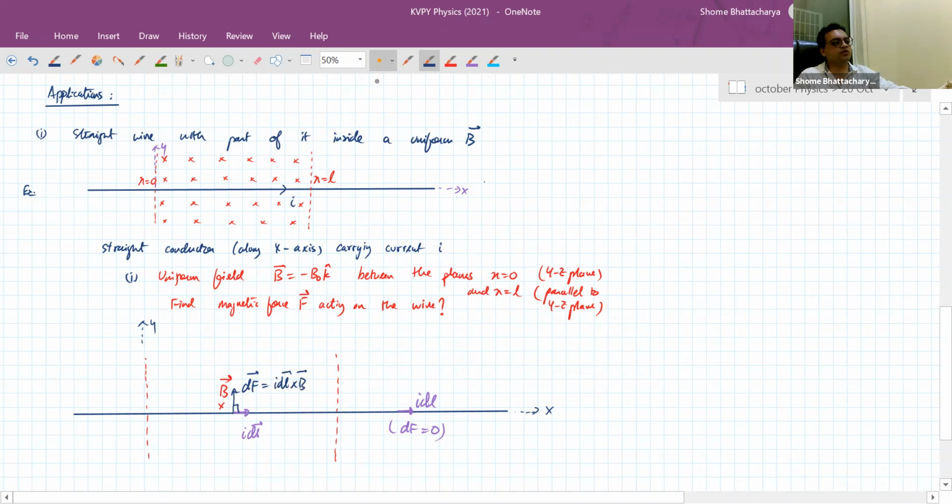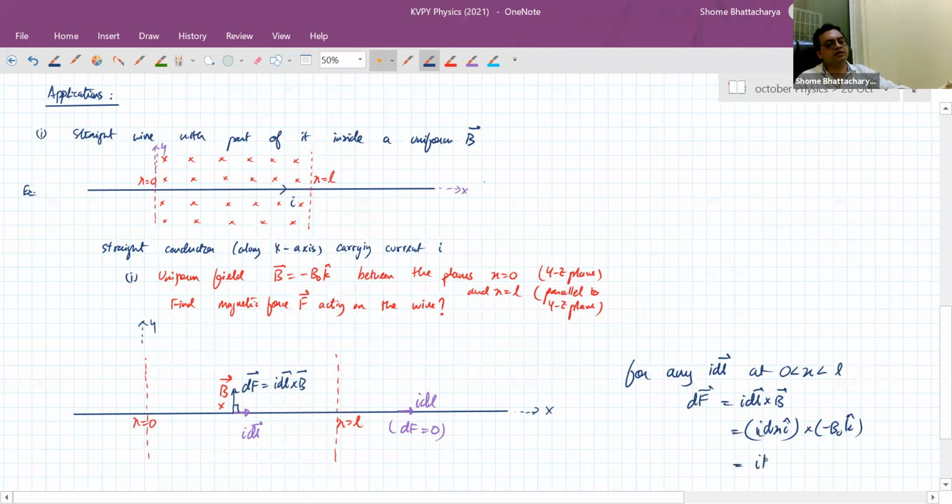So the force is acting everywhere between the points x equal to 0 to x equal to L, for all such current elements. For any current element such that its x coordinate is between 0 and L, the force acting, which is I dl cross B, if we want to write it properly as a vector, is I dx I cap cross product with minus B naught K cap.